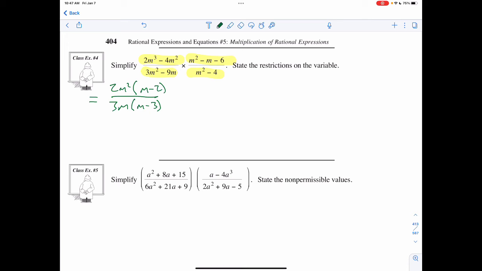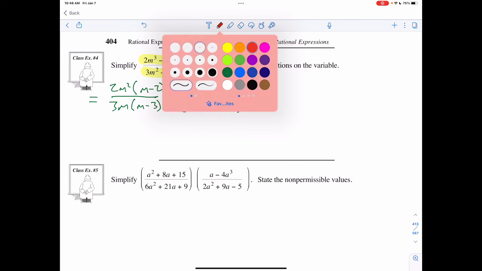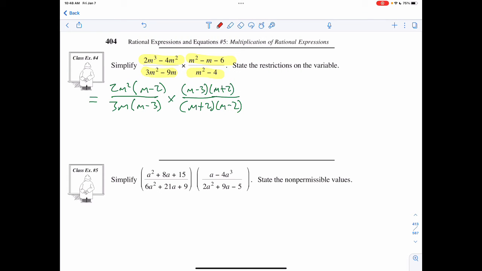I'm going to multiply that by the factored numerator on the right-hand side, m minus 3, and m plus 2. And the difference of squares on the bottom becomes m plus 2, m minus 2. And then I can start canceling.